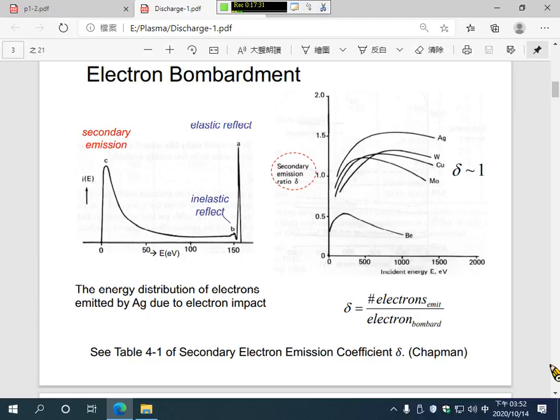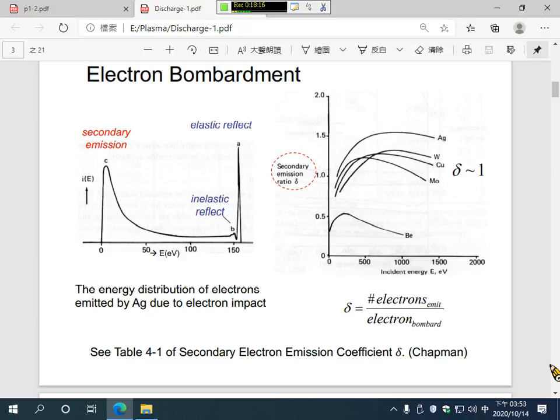Okay, and in our class, in this slide, we would just like to know the ratio of the secondary electron emission by electron bombardment. Okay, so for example, this is the secondary electron emitted from silver, and the right figure shows the secondary electron emission from different metal surfaces.